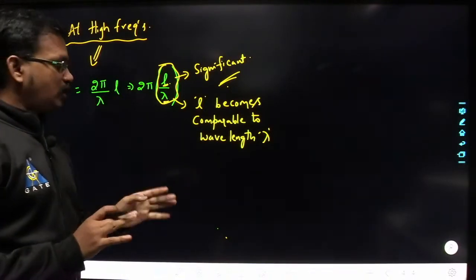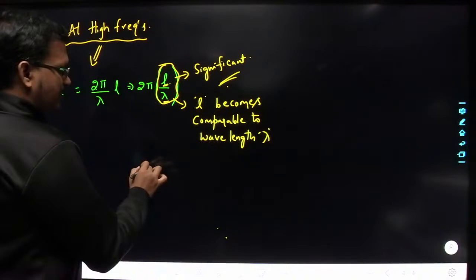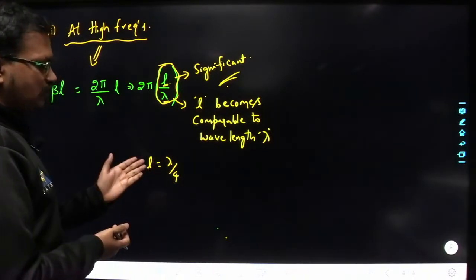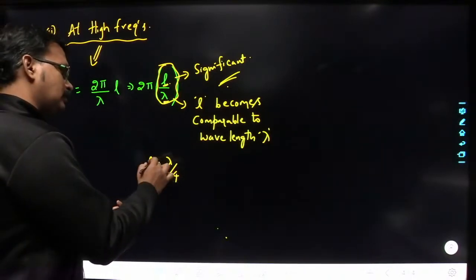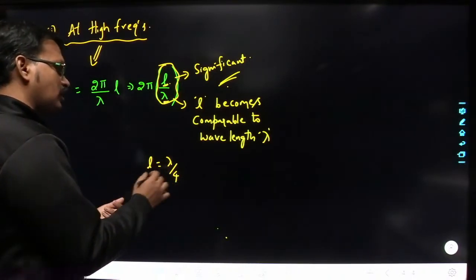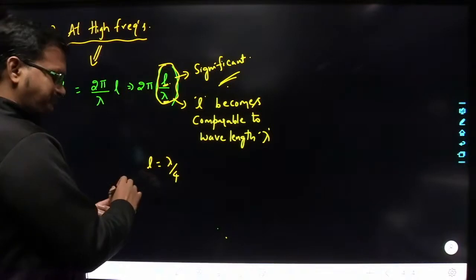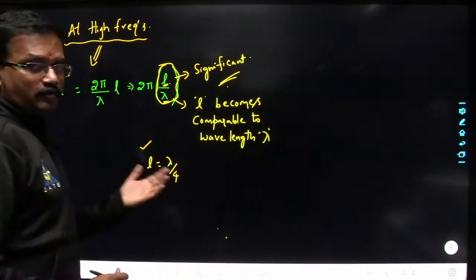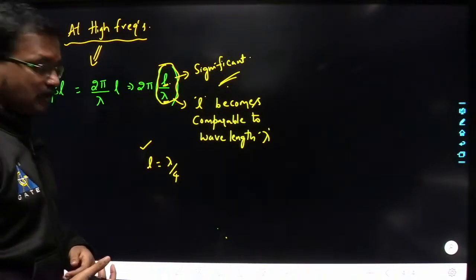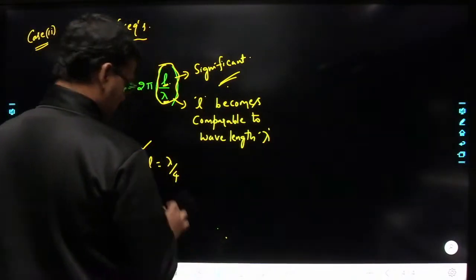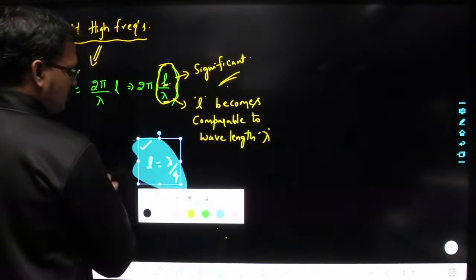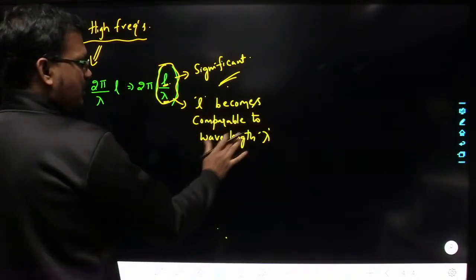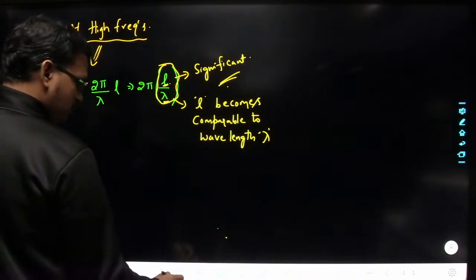If L is equal to lambda by 4, now also you can say the length of the transmission line is comparable to wavelength. So it should not be far greater than 1 here; it must be comparable to wavelength.